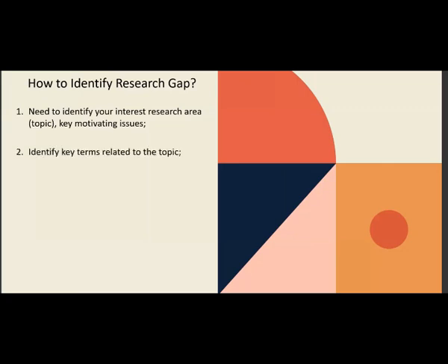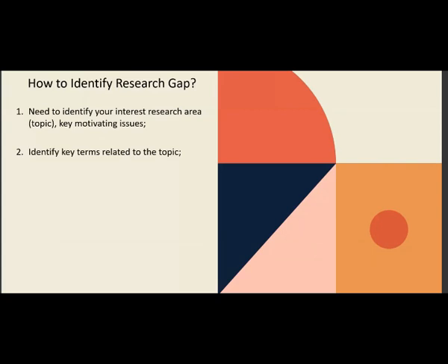The second one is you need to identify the key terms related to the topic. When you read a journal paper, after the abstract, you'll find the keywords that the author used for his or her paper, right?